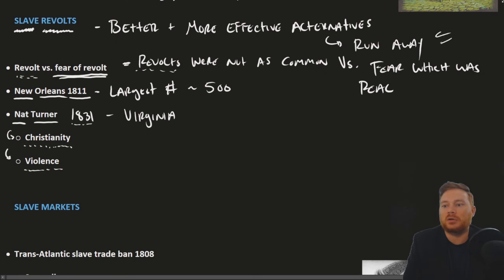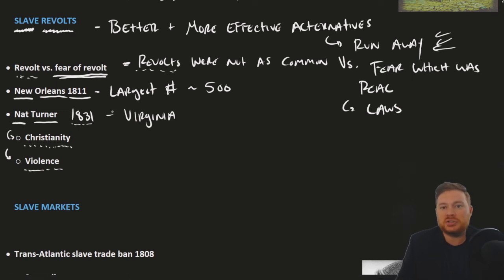Again, better alternatives existed for enslaved peoples, namely running away. And this leads to changes in things like laws. For example, in the aftermath of Nat Turner's revolt, whereas before slaves were encouraged to learn Christianity, afterwards it's discouraged in certain areas, banning slaves from being preachers or ministers, or prohibiting the congregation of too many enslaved people in one particular area.